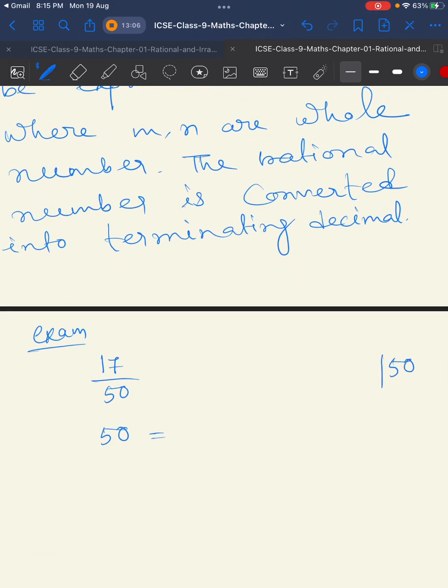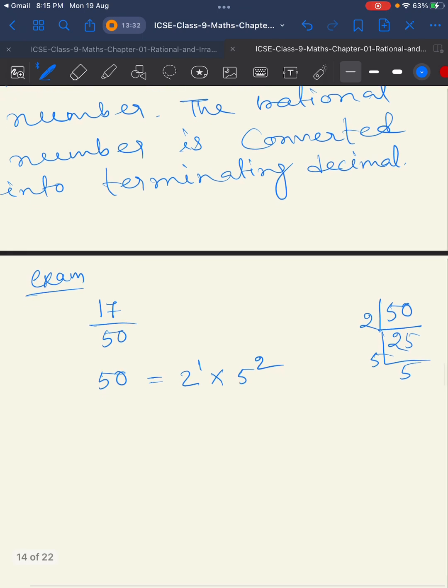So now we factorize 50. The factors of 50: 2 twos are 4, 2 fives are 10, 5 fives are 25. So we express 50 as 2 to the power 1 into 5 squared.